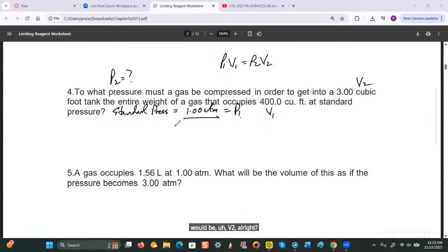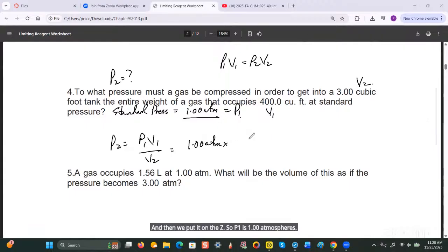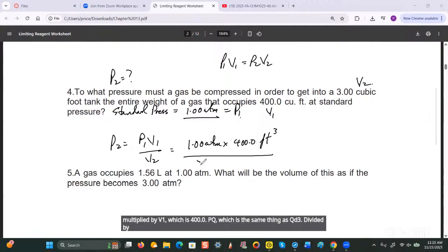So to get P2, that would be equal to P1 V1 over V2, and then we put the numbers in. So P1 is 1.00 atmospheres multiplied by V1, which is 400.0 cubic feet, divided by V2, which is 3.00 cubic feet.